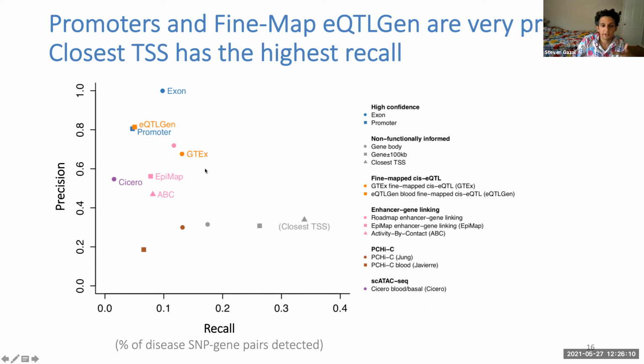We have eQTL datasets here that use tens of thousands of experiments, and here we have enhancer maps and single-cell ATAC-seq data that really used few samples. So this makes sense. And I think this is optimistic for this kind of approach, because maybe if we increase the number of individuals or the number of cell types, these SNP-to-gene strategies will improve.